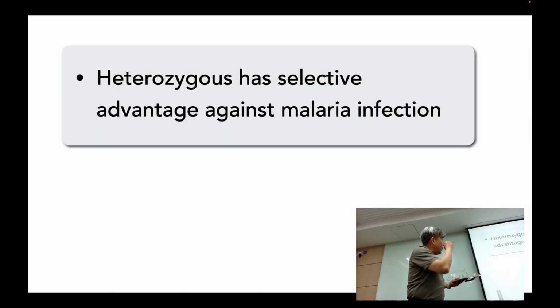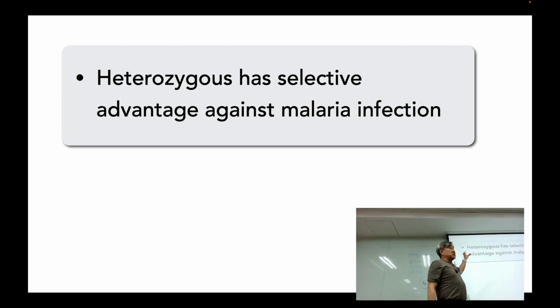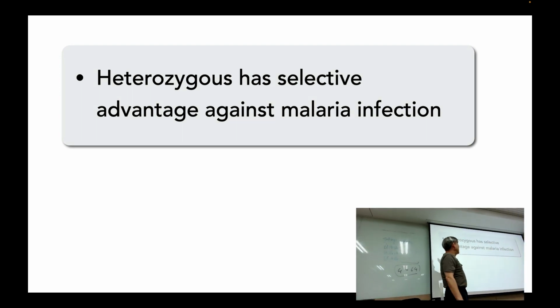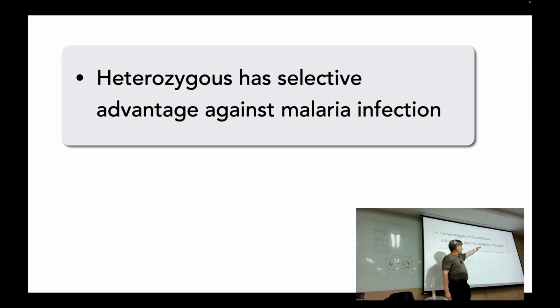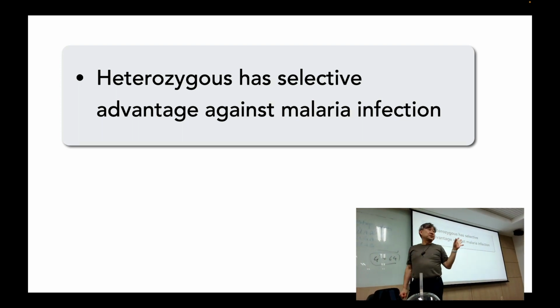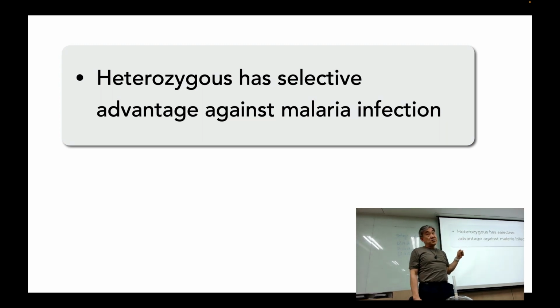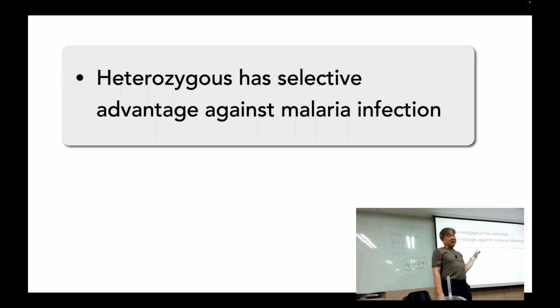However, the weird thing is that the heterozygote has a strange advantage against malaria infection. Nowadays, the actual molecular mechanism has been uncovered, so we know why this heterozygous individual can have a selective advantage.